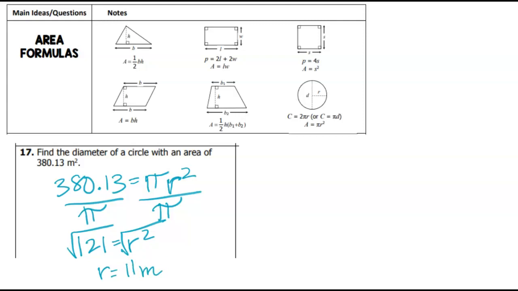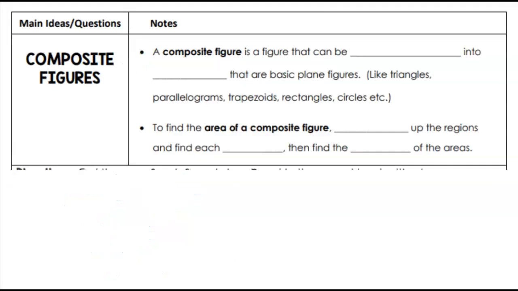All right, so for our practice, we are going to take time to do the evens. If you want to pause this video and try them out now, I am going to move on to our composite areas. All right, so composite figures.